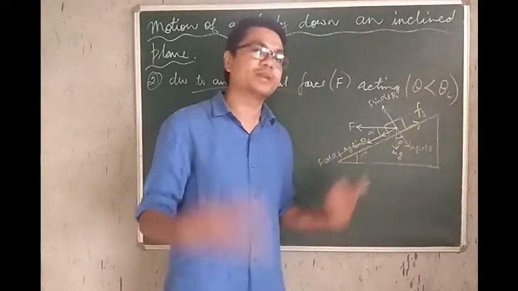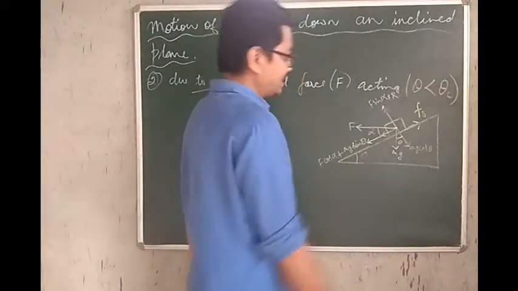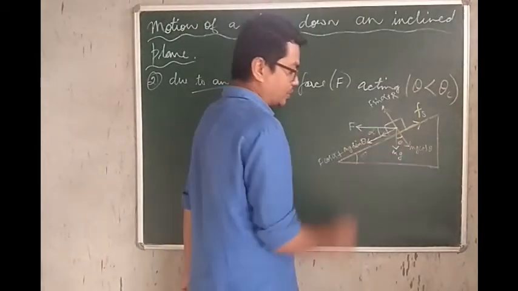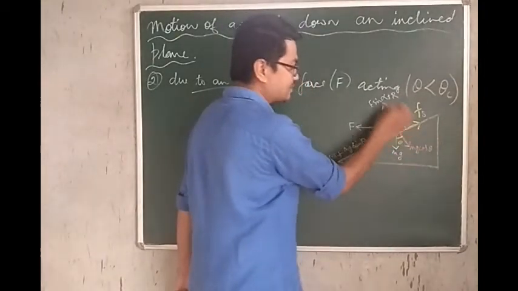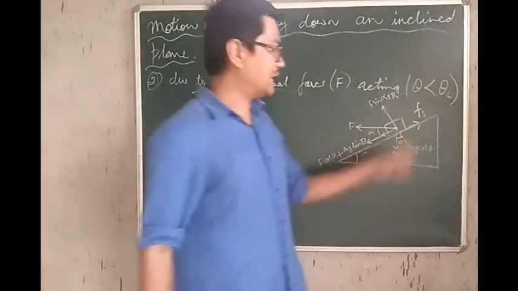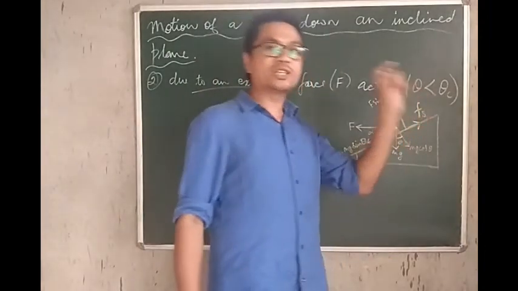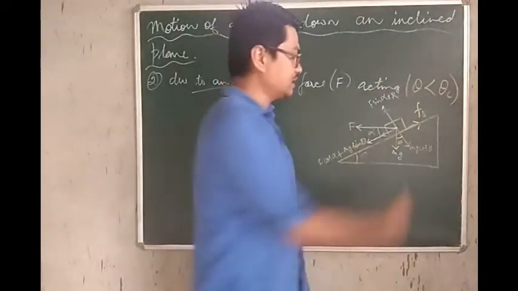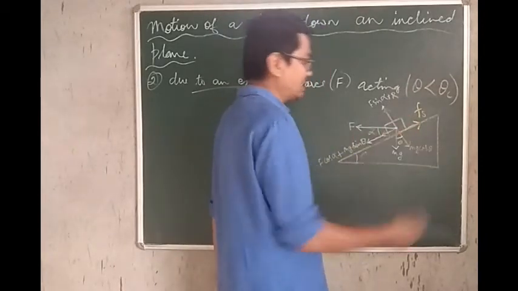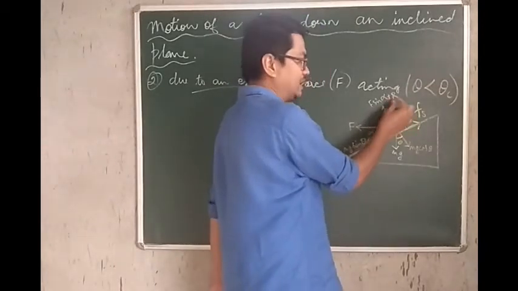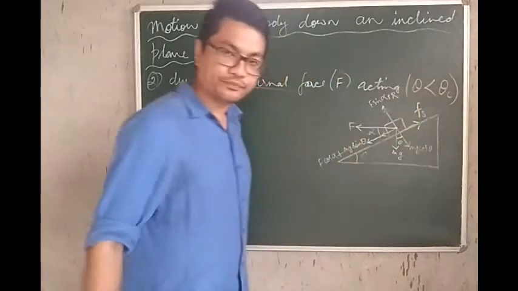Mg sine theta was already active. Likewise, this perpendicular component of F is F sine alpha. Now in the very same direction, we already had our normal reaction acting. So the total force acting in the upward direction along the direction of the normal reaction is F sine alpha plus R.